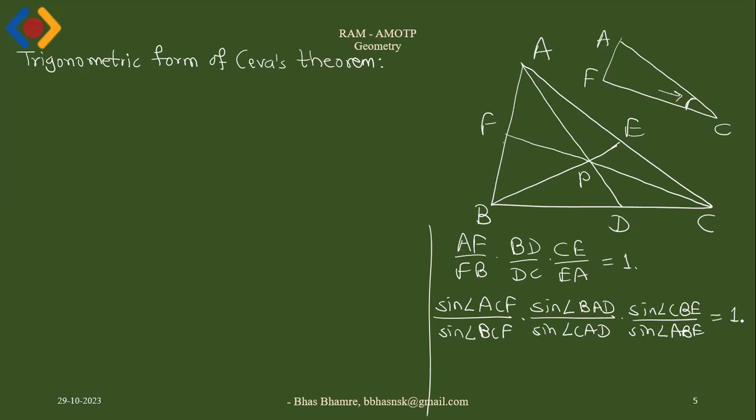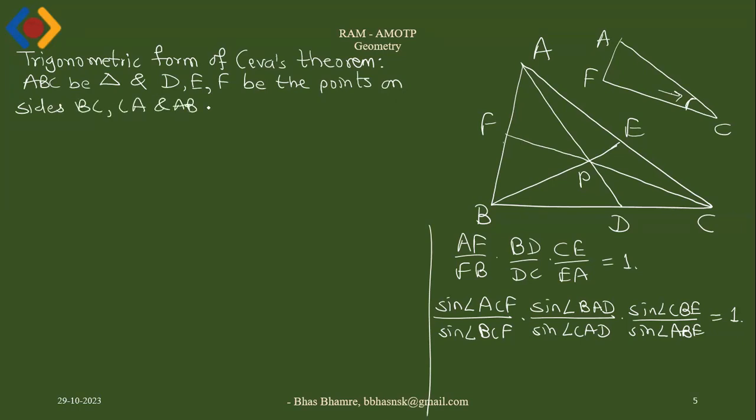Let ABC be a triangle and D, E, F be the points on sides BC, CA and AB respectively.